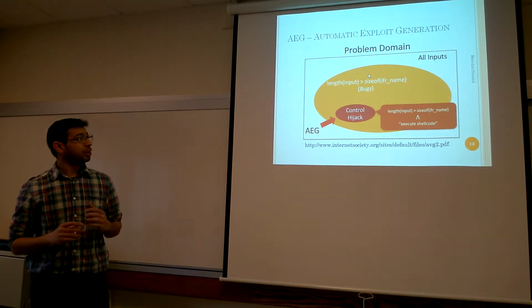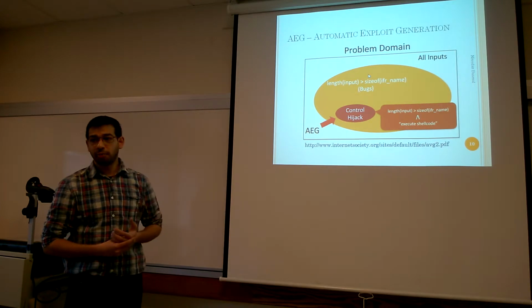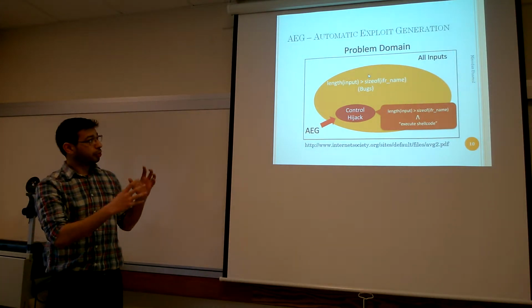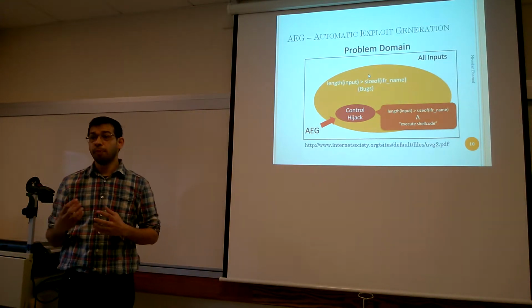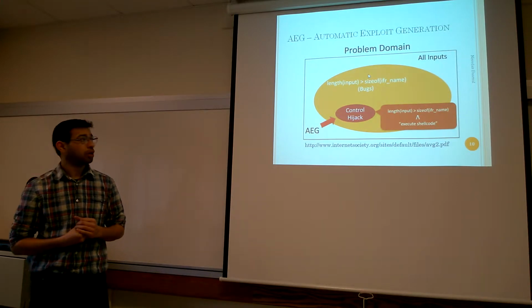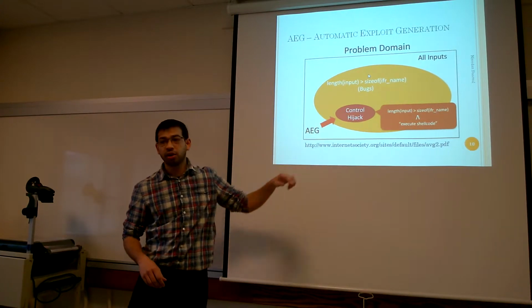How they break their problem domain is that there are all the inputs which the program can take. Then there is some set of inputs which would have that problem where the buffer would overflow, but the buffer may not overflow in a way that could be exploited. Then there is a small set of inputs which would result in a control hijack.